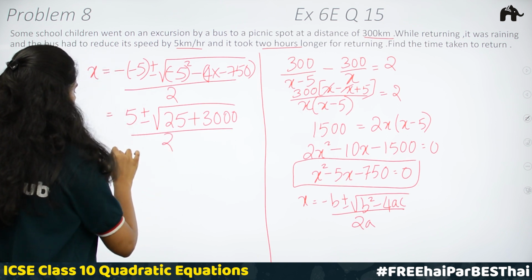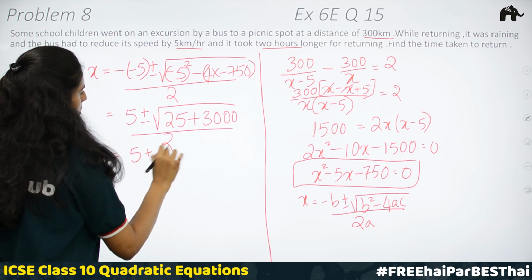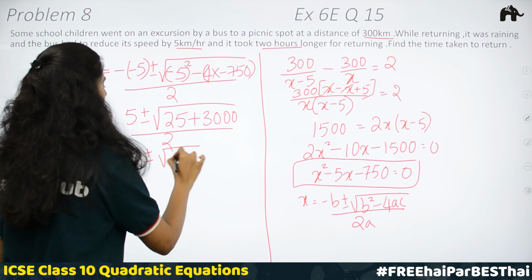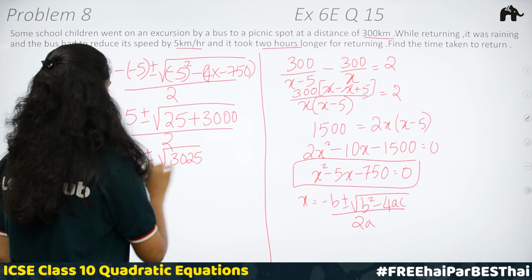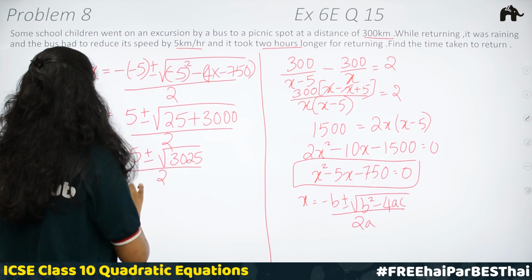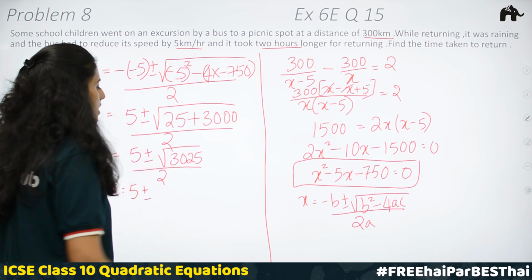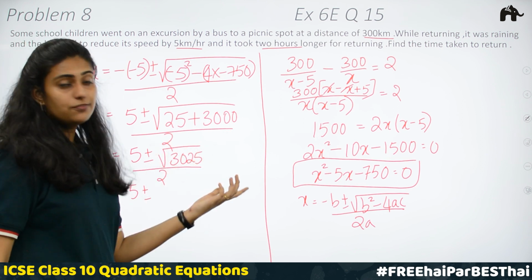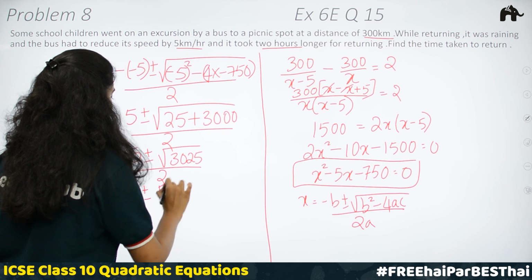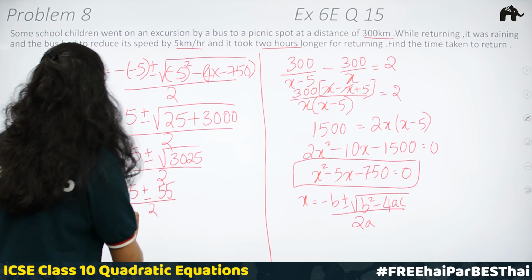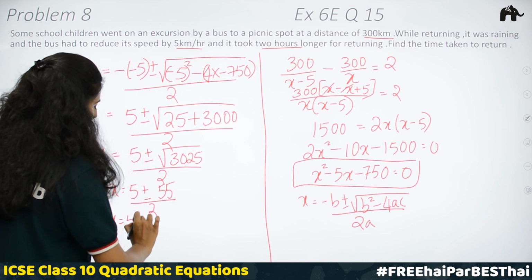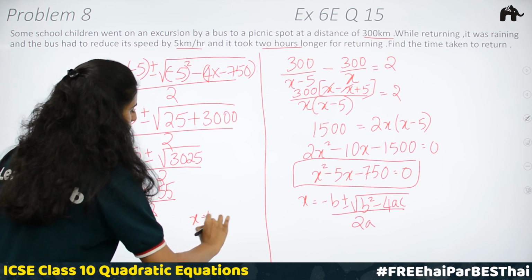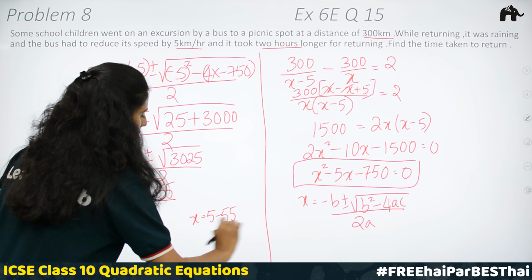That is, x is equal to 5 plus or minus root of 3000 plus 25, which is 3025, divided by 2. x is equal to 5 plus or minus square root of 3025. You can do it. You will be getting 55. So the value of x is equal to 5 plus 55 divided by 2, or x is equal to 5 minus 55 divided by 2.